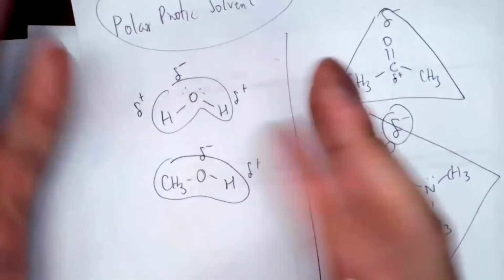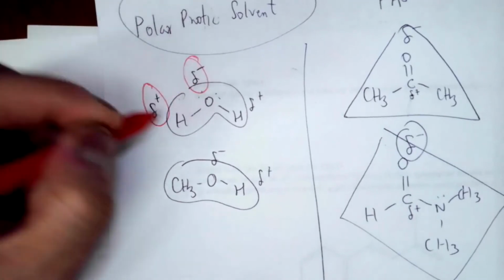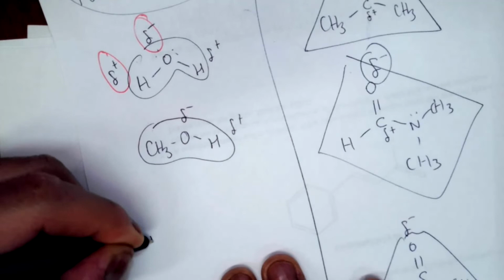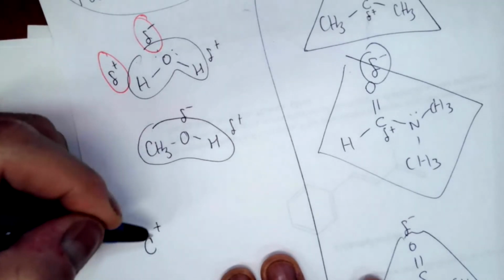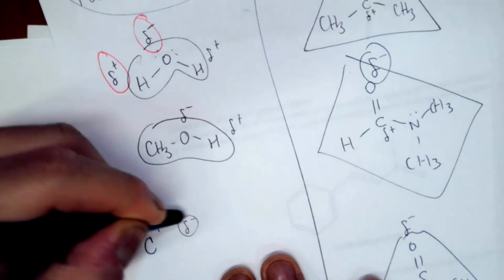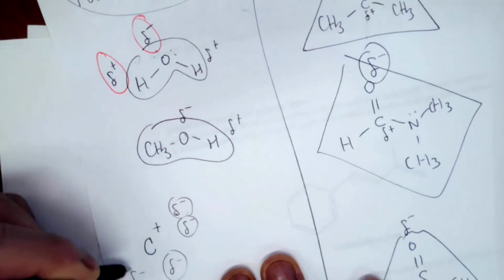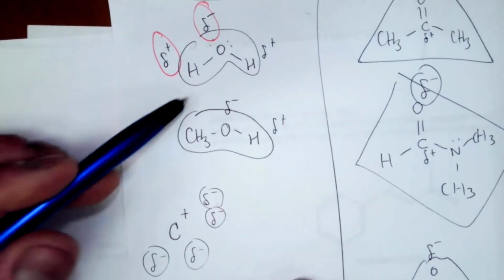What is the consequence of polar protic solvents? Polar protic solvents have the delta plus and the delta minus exposed, meaning that if you have a cation, the cation will be solvated by the delta minuses. Can they do this? Yes. Why? Because the delta minus are well exposed.